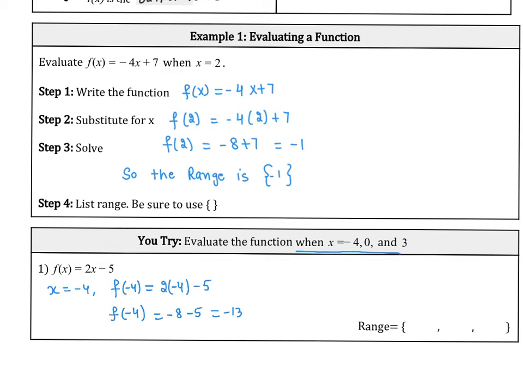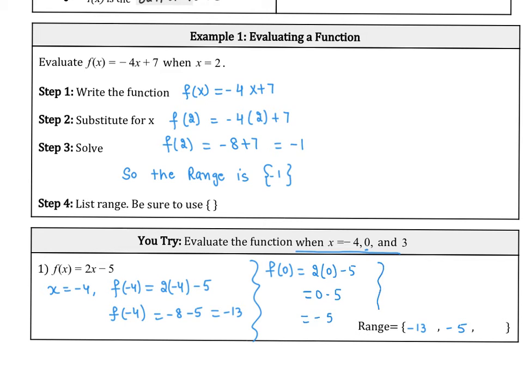So the first number is -13 for the range. Now plug in 0. So f(0) = 2 times 0 minus 5, which is 0 - 5, that is -5.